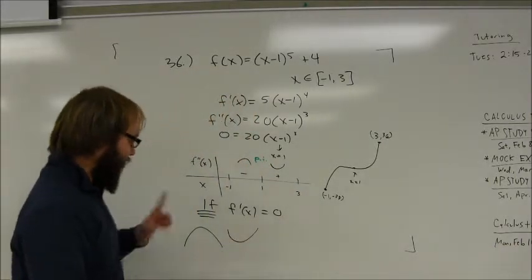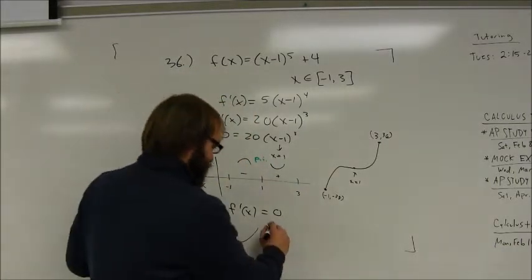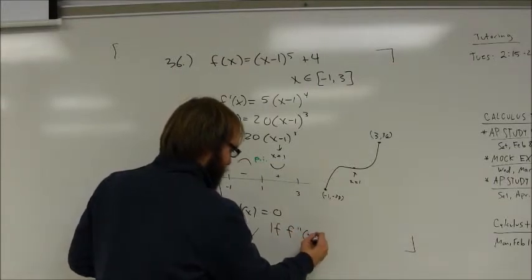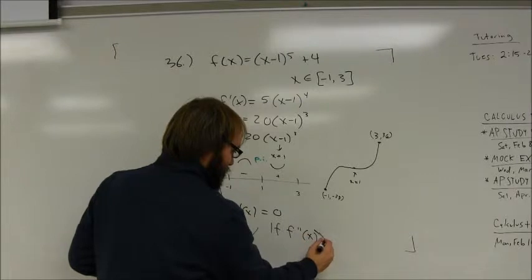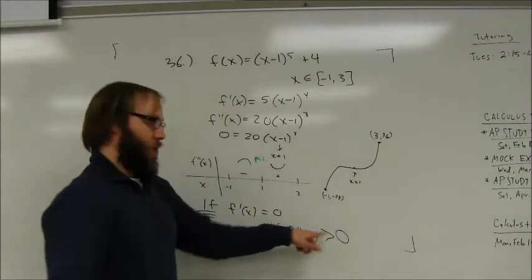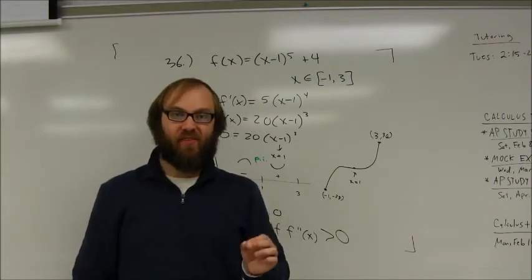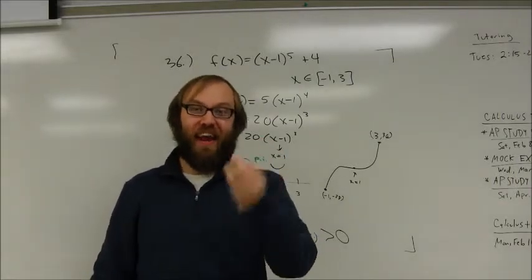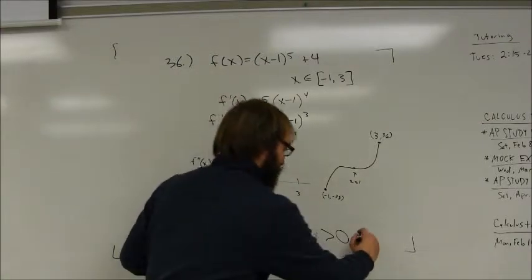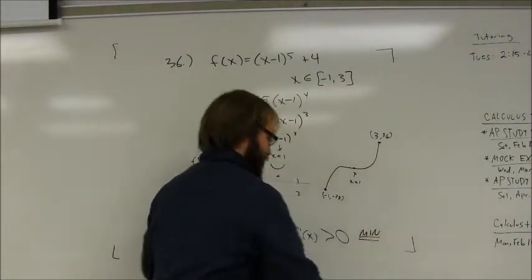But if the second derivative is greater than 0, what is that telling you? It's telling you the concavity is up at that point, so you get a minimum value.